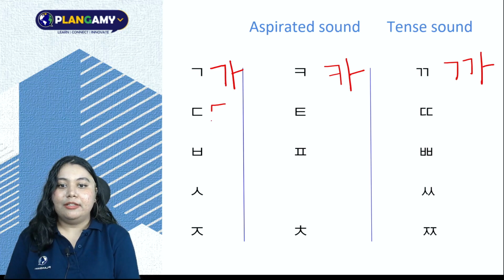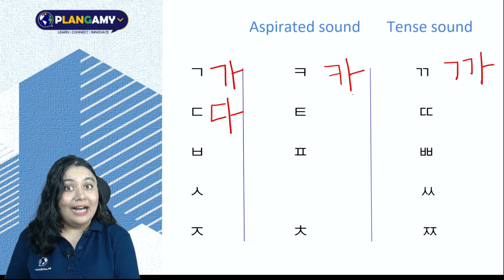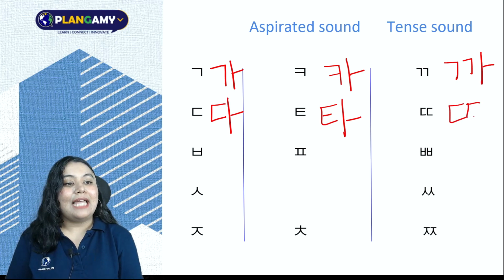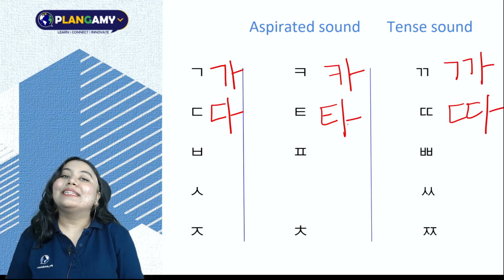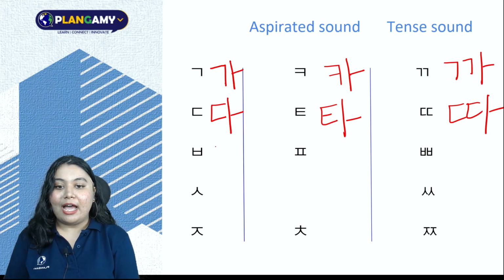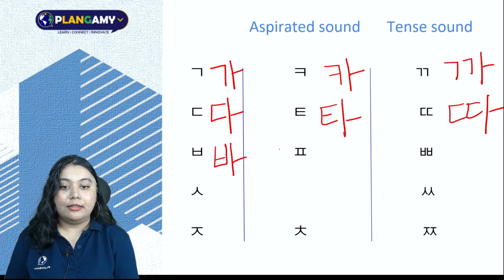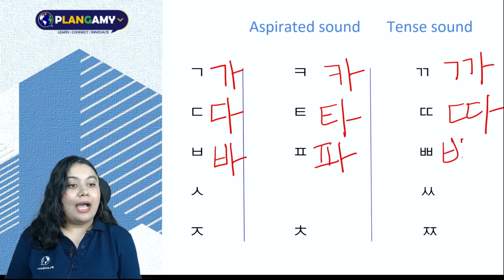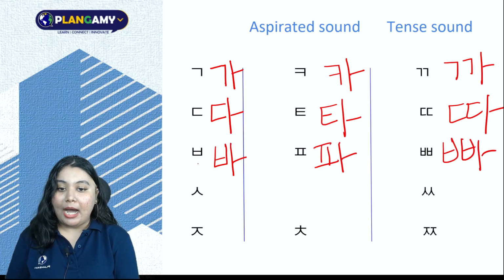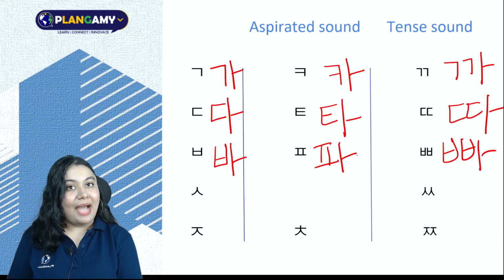Next family, we have dha, tha and ta. Dha, tha, ta. Next we have bha, pha and pa. Bha, pha, pa.